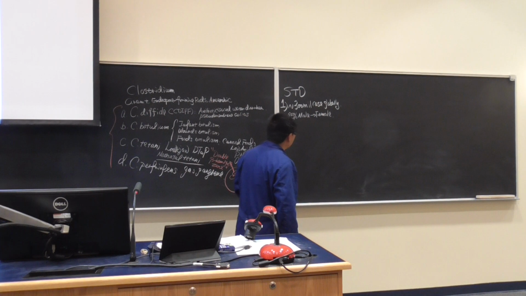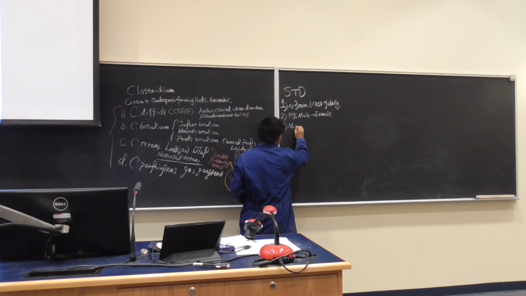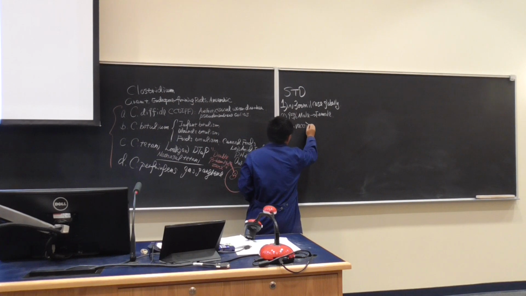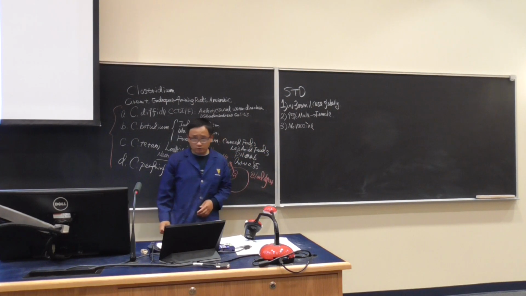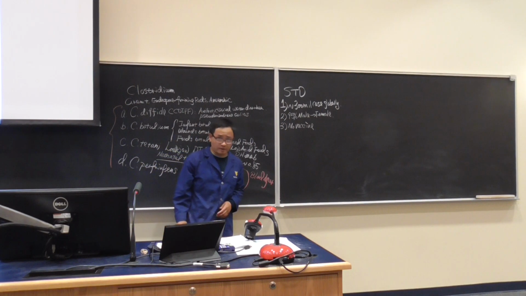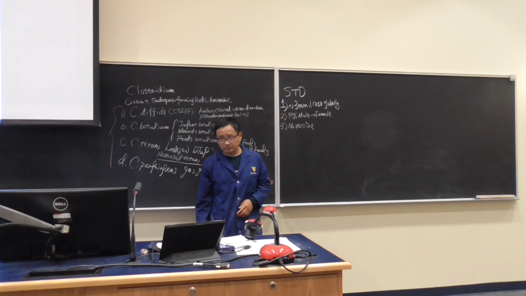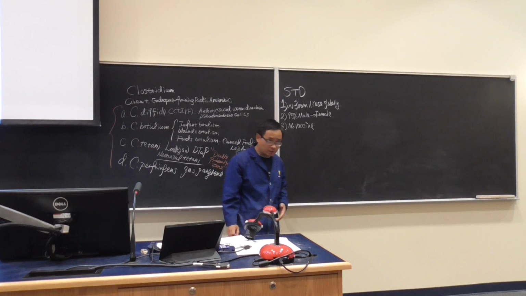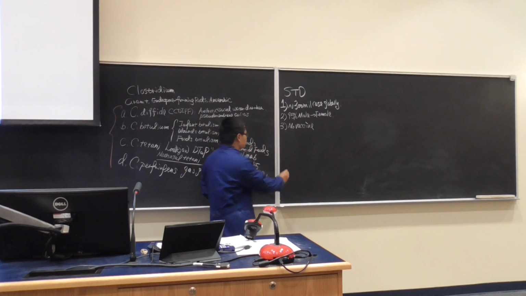So 95% from male to female. There is basically no vaccine to prevent sexually transmitted disease. Although you heard something about an HIV vaccine coming out, we still think there is no vaccine.